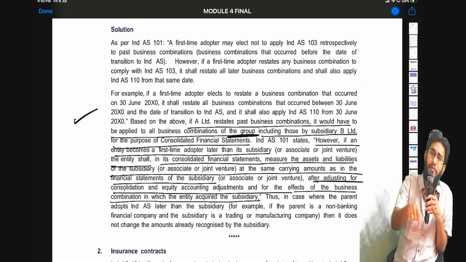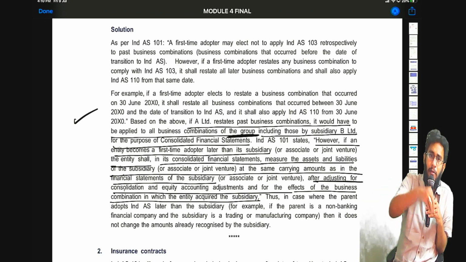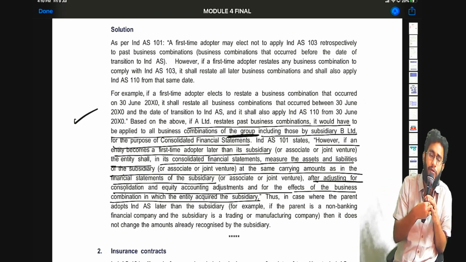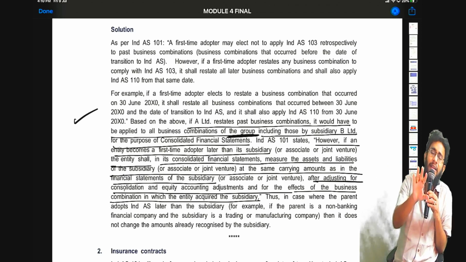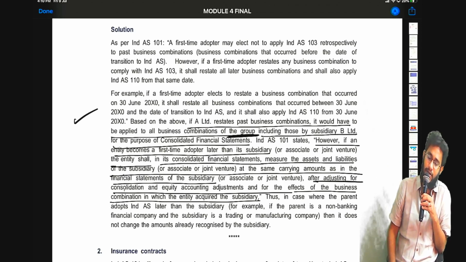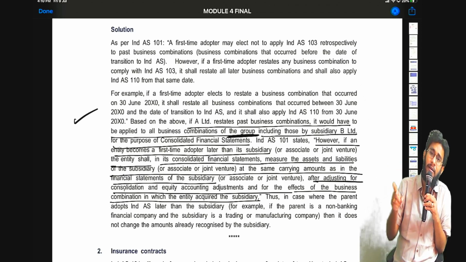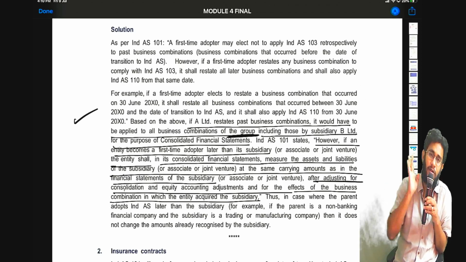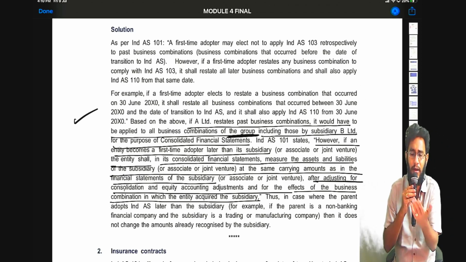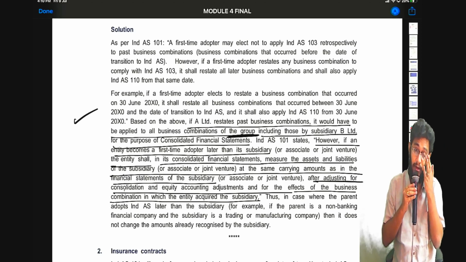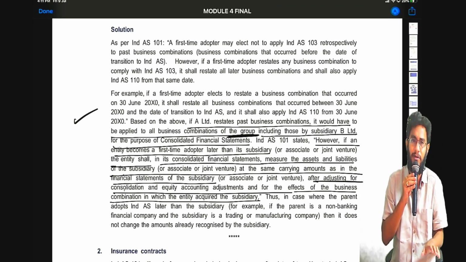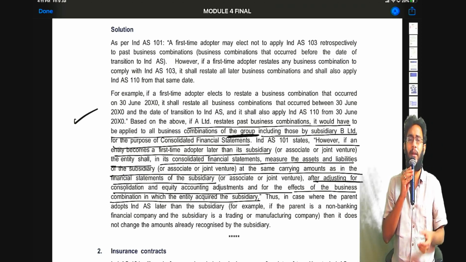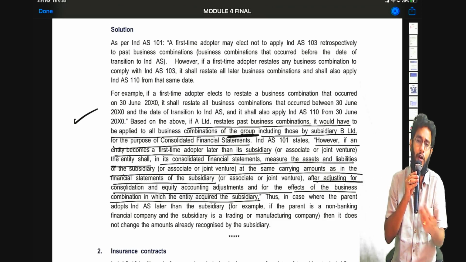But for the purpose of consolidation, B Limited also I am going to bring and incorporate into my books now. At that time, relaxation is there. What is that relaxation? B Limited's past, you are not supposed to restate. Whatever carrying amounts are there, you can take up as it is from B Limited's financial statements. Whatever assets and liabilities are appearing at whatever carrying amounts, you have to incorporate that as it is.